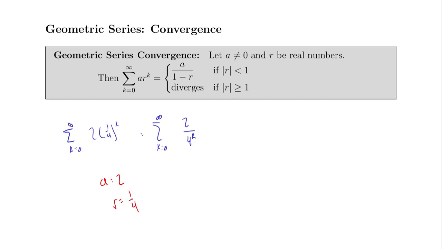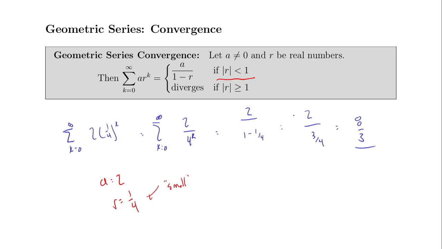Since r is small, meaning the absolute value of it is less than 1, I know this converges, and specifically, I know this converges to a over 1 minus a quarter. Oops, I don't want to put a. I want to put 2 over 1 minus a quarter. That's 2 over 3/4. That's 8/3. Bang. So this thing goes to 8/3.